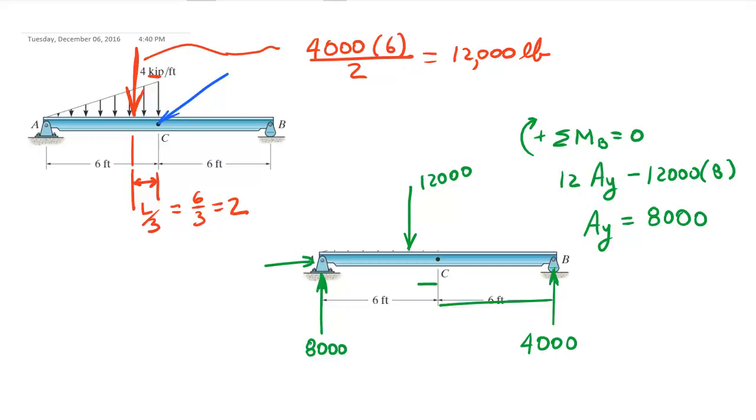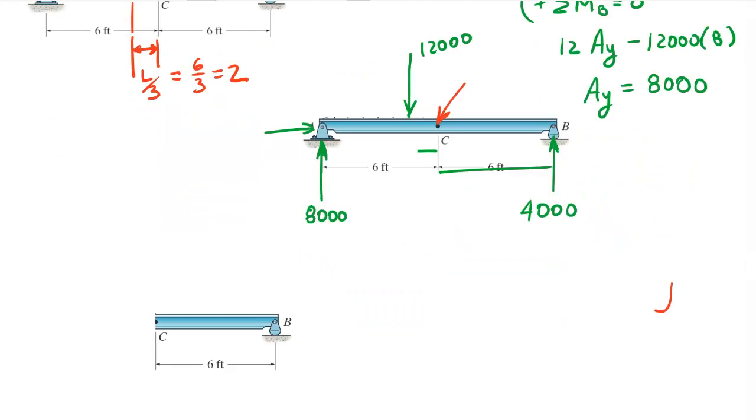Now, you've got a couple of choices. Since you're looking for the internal moment and shear at C, it might become easier to split the beam and look at the right end.